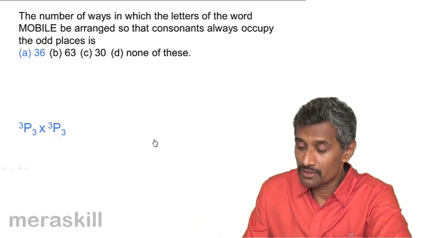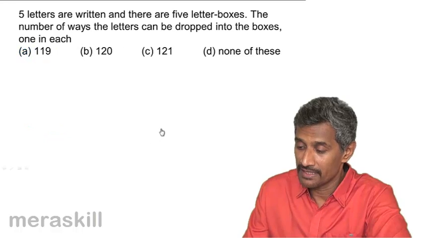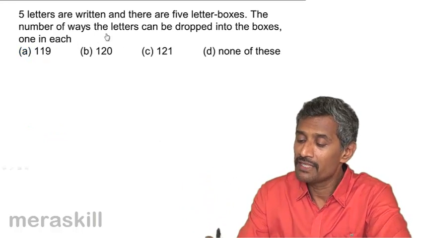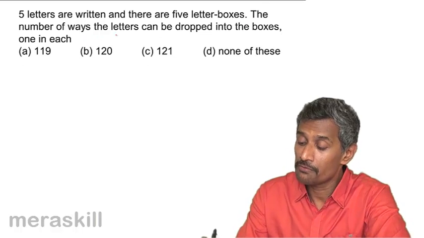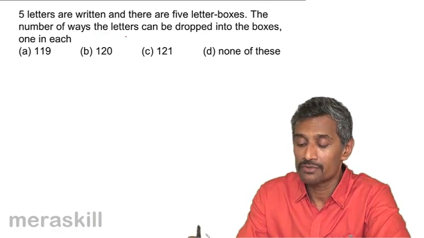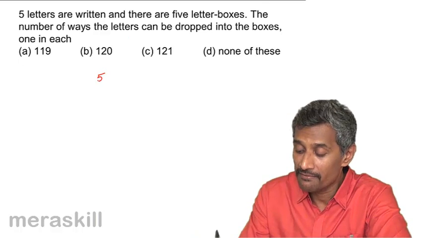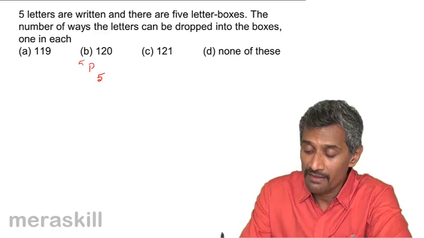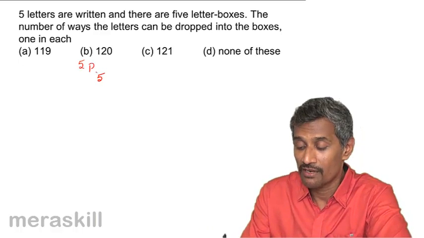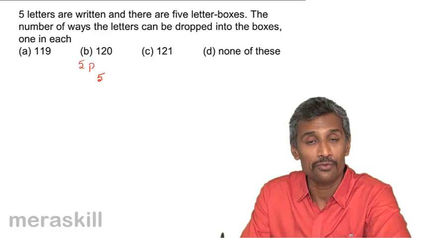Okay, the next one coming our way is, yes, 5 letters are written and there are 5 letter boxes. The number of ways the letters can be dropped into the boxes. So there are 5 letters which have to be dropped in 5 boxes. So there are 5 spaces and 5 to be accommodated.